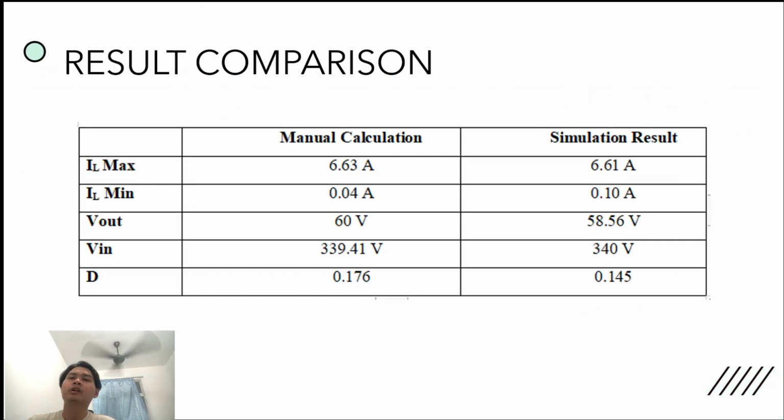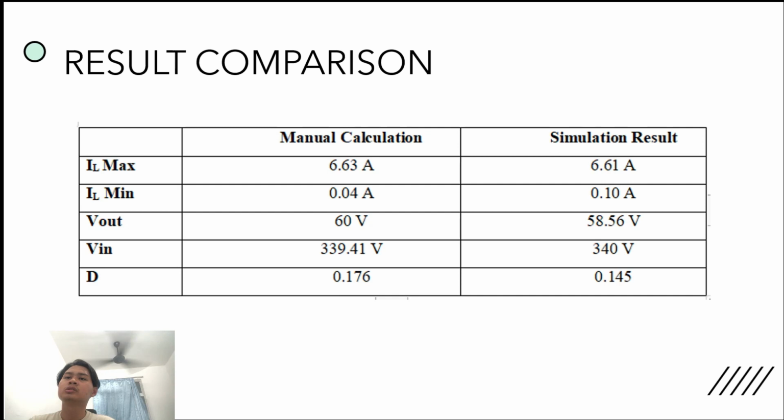Next, after the simulation, we can find out that the result is different from the manual calculation. The IL max for the manual calculation is a bit higher, about 0.02 ampere higher. And for the IL min, the simulation result shows a difference of 0.06 ampere.